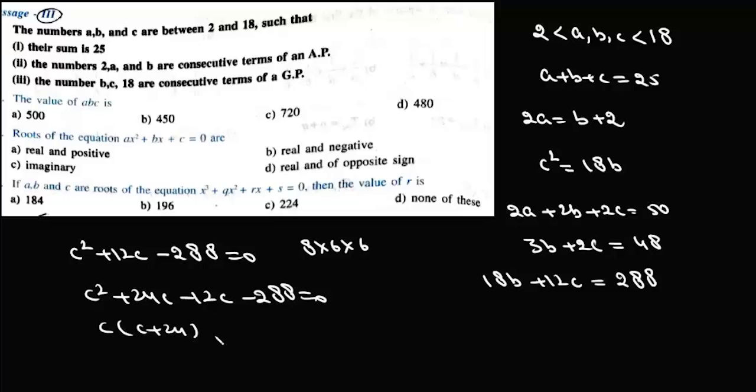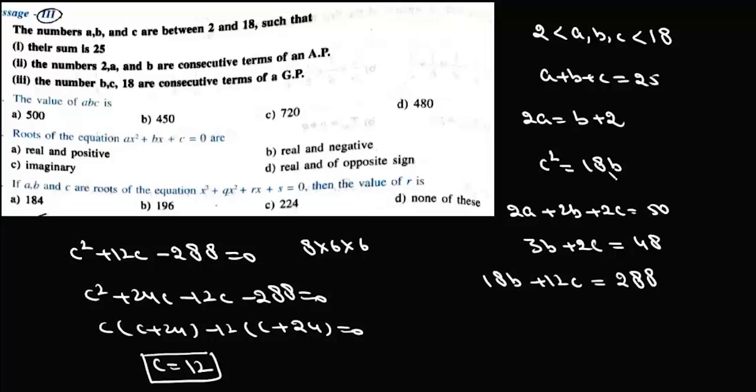Now this 288 is 8 into 6 into 6. So we can write this as c square plus 24c minus 12c minus 288 equals 0. So (c plus 24)(c minus 12) equals 0. From here, the positive value of c we'll get is c equals 12.